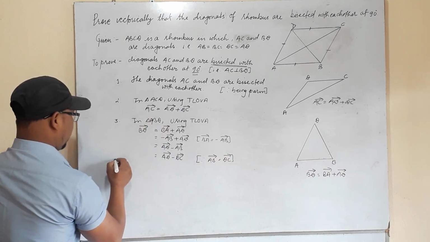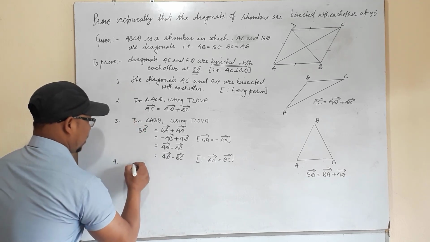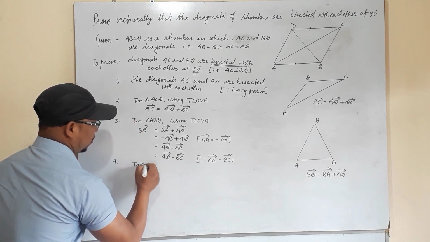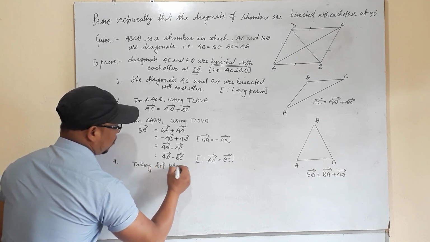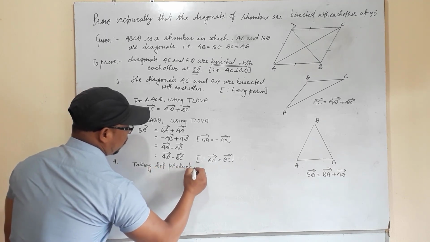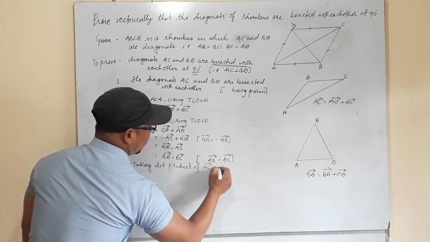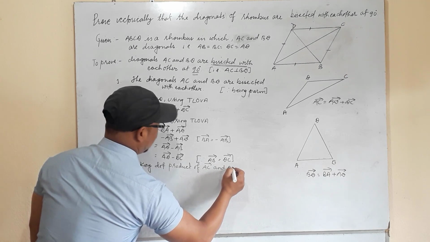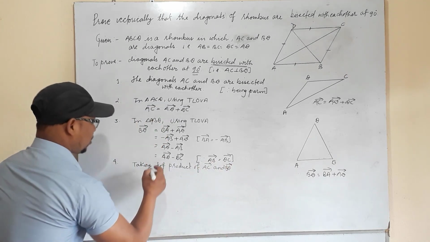Now four number. Taking the dot product of the AC vector and the BD vector. See what happens here.